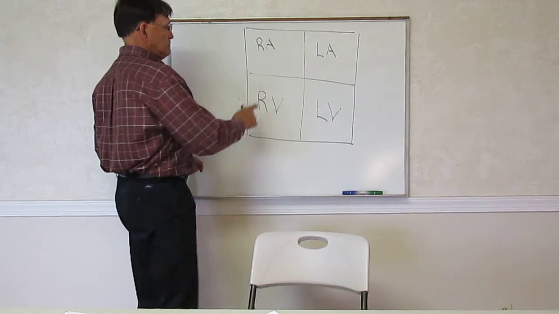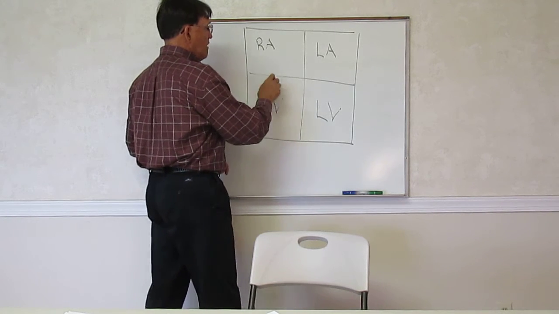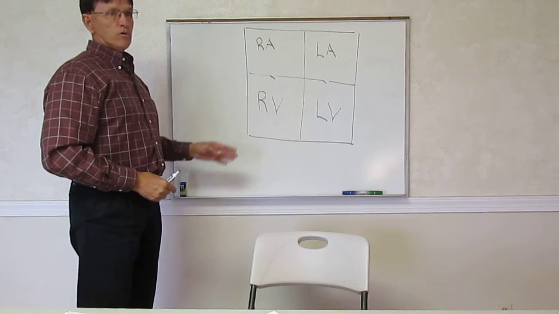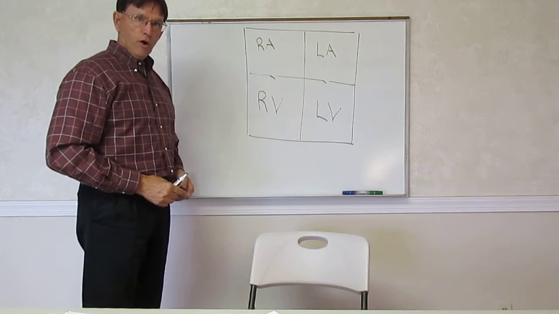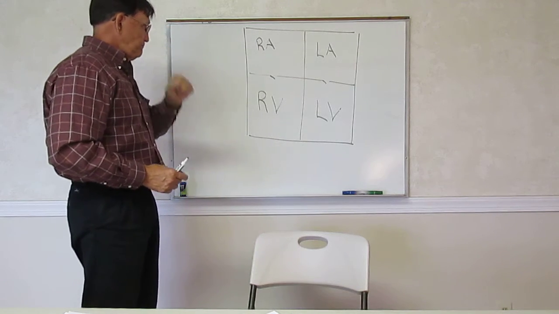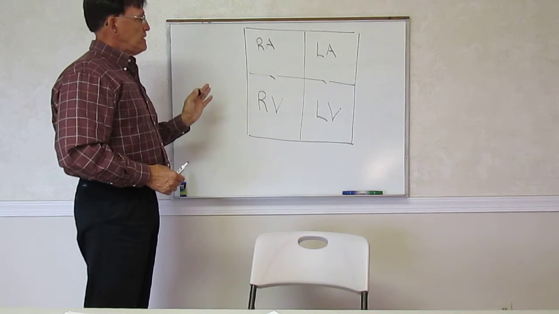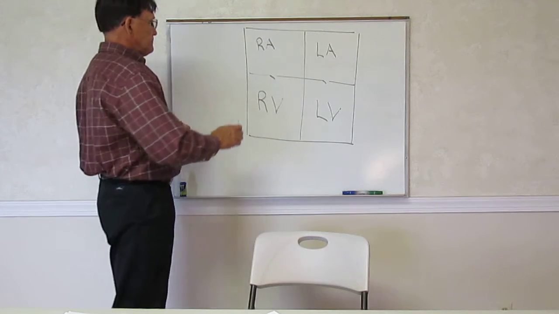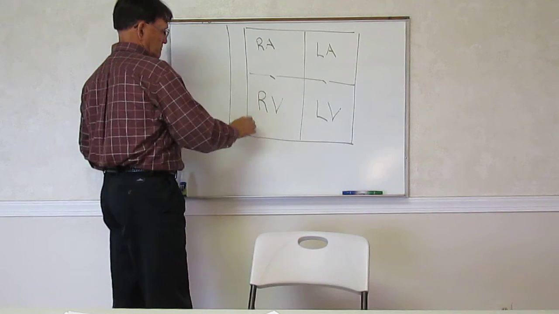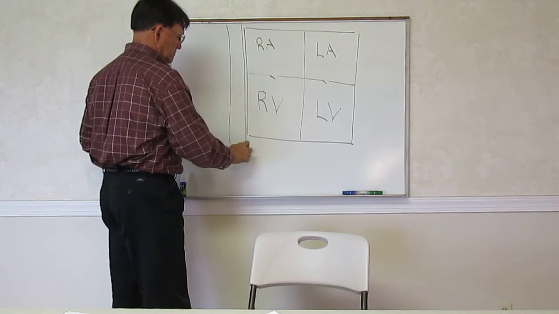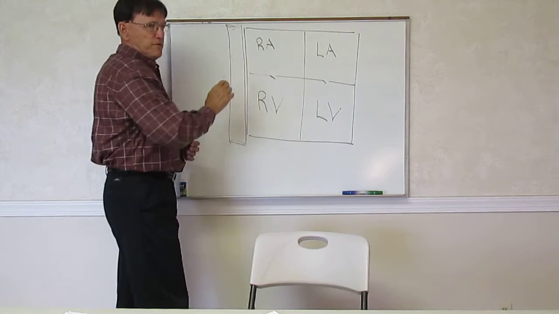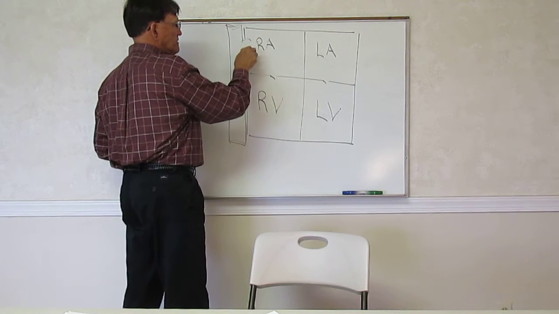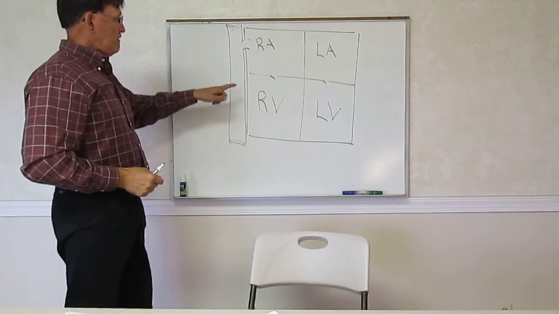Between the chambers, you have valves, which are one-way valves, keeps the blood moving in one direction. So the blood coming from the body, deoxygenated blood, arrives, and this is very simplified to make it easily understood, into the right atrium by way of the vena cava.